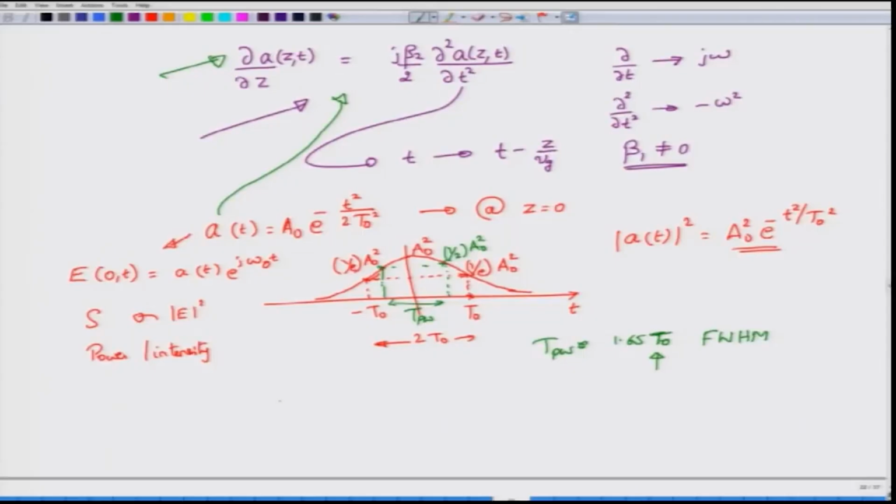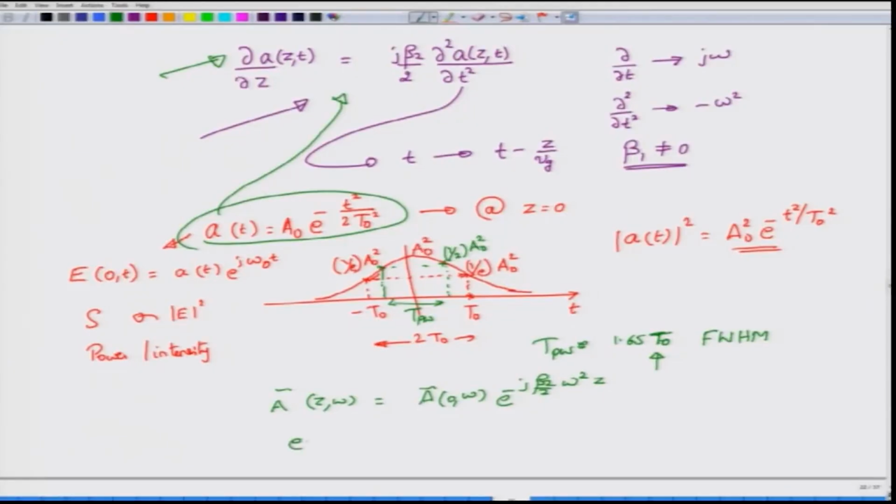So, I am going to just write down that the pulse at z, omega, maybe I should have used a capital A here, let me go back and use a capital A, is given by A of 0 omega, which is the Fourier transform of this A of t, multiplied by e power minus j beta 2 by 2 omega square z. What is the Fourier transform of a Gaussian pulse? I know that the Fourier transform of a Gaussian pulse is also Gaussian, but it is also important to know the expressions.